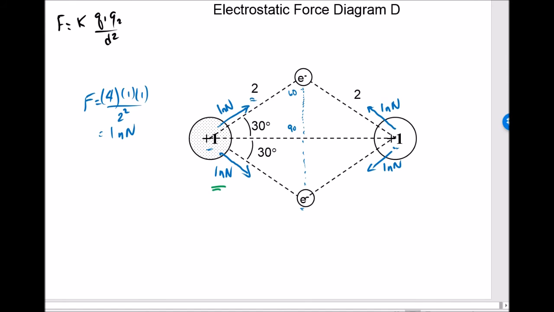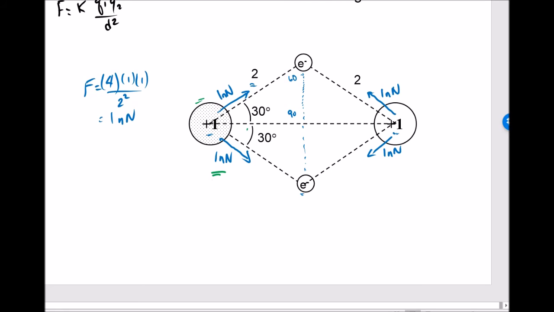These 2 vectors here will add together, but they don't line up. These vectors can be added together geometrically. The vertical components will cancel out. So this upward pull will be canceled by the downward pull from this other electron. So it's only the pull toward the middle that will add together.